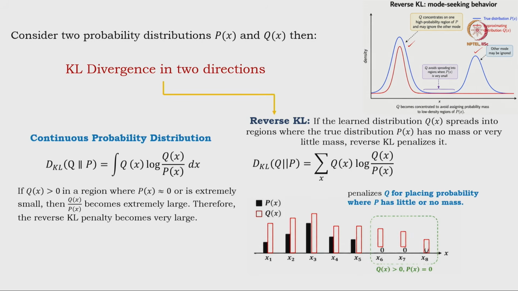So this is reverse KL, where you are punishing Q for placing the probability where P has little or no mass when you consider a single mode. When it is two modes or multi-mode, then you are capturing only one mode. You are not at all focusing on the other mode. Right? So with this, what is the drawback? We will see that. I hope forward and reverse is clear to you.